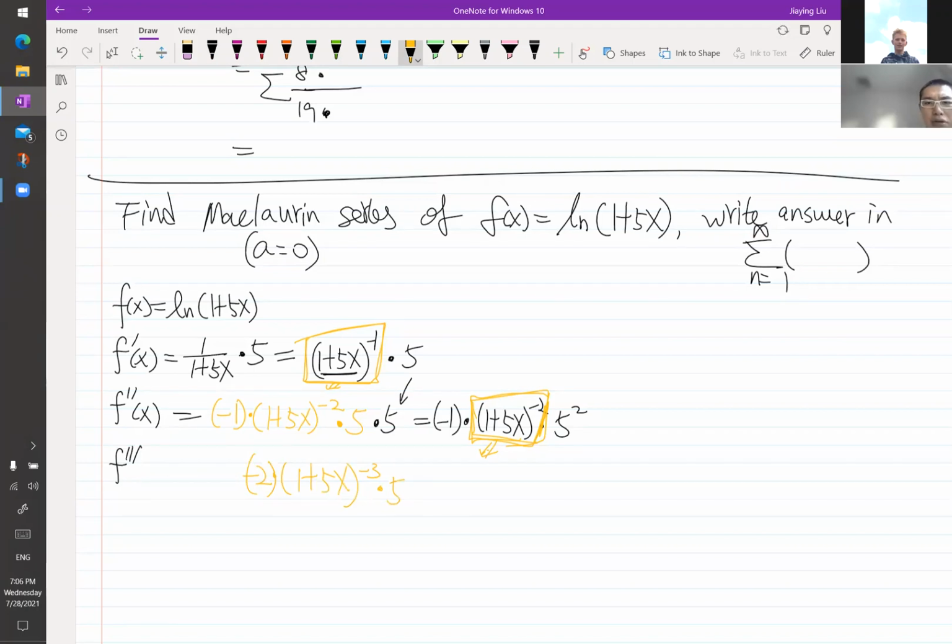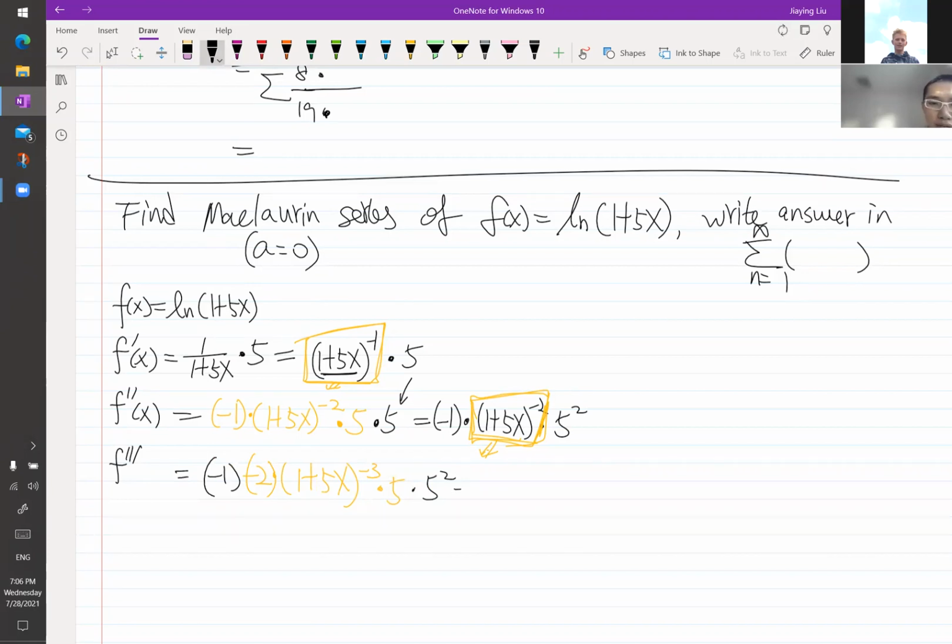This part in the yellow corresponds to the derivative of the one in the box. But before that, I already had -1 and 5 squared from the previous steps, so I'm going to keep them. Remember that constant coefficients don't get involved in the differentiation or integration process. So that's the third derivative.